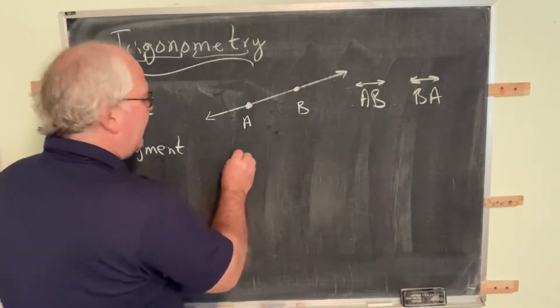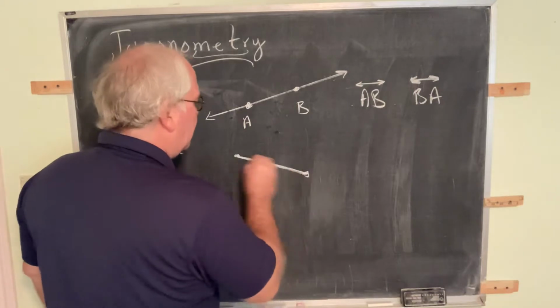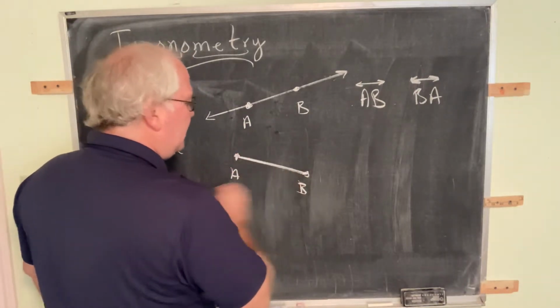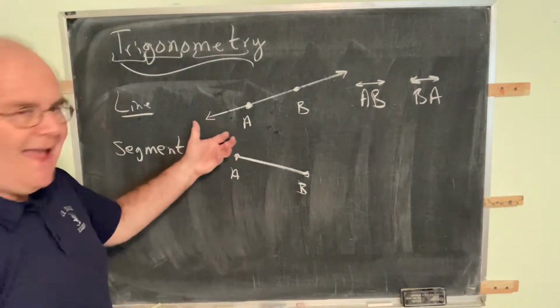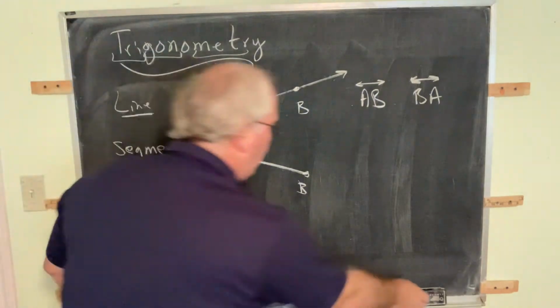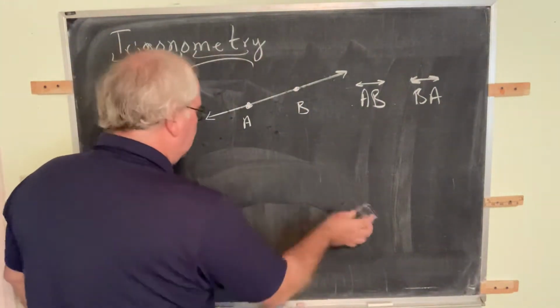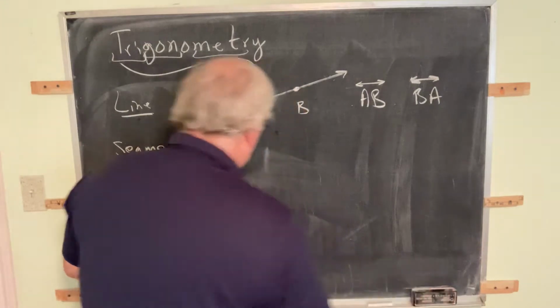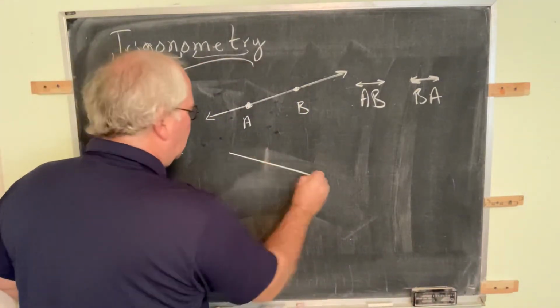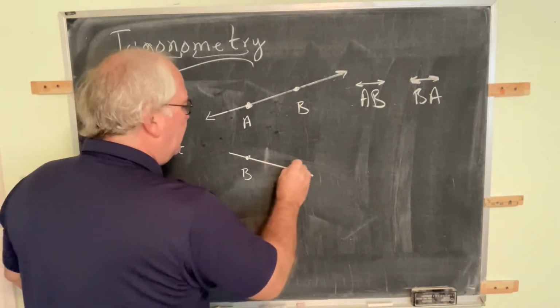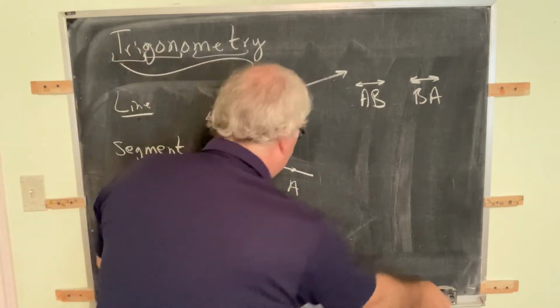And so if we have point A and point B, here's A, here's B, and I'm writing my A to the left and B to the right. There's nothing that requires that. The orientation is irrelevant. We could have B here. We could have A here. This is a segment.